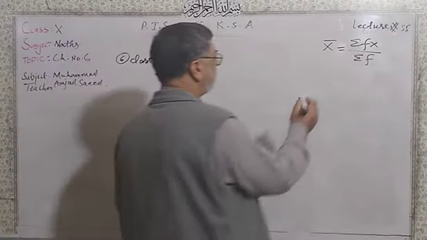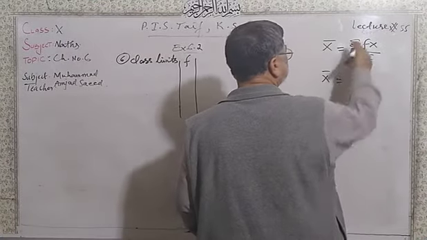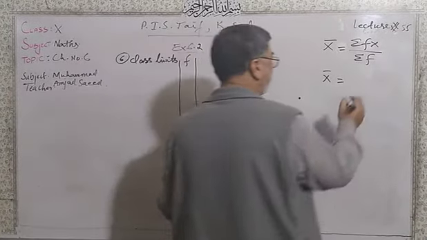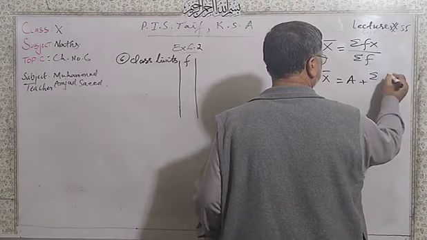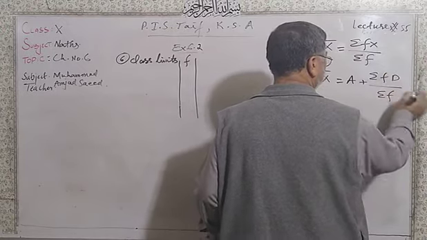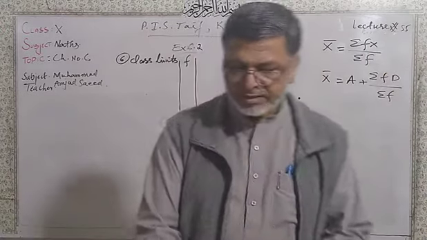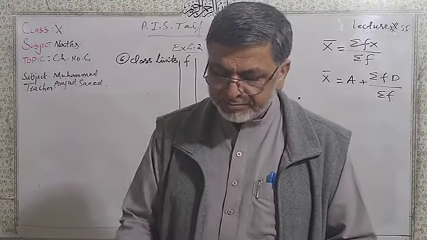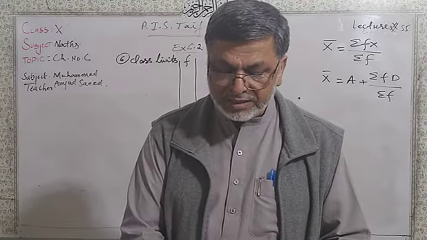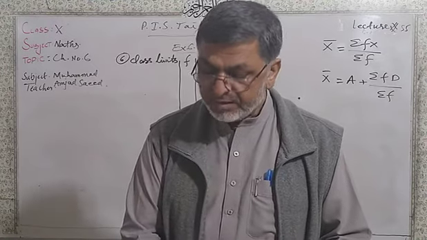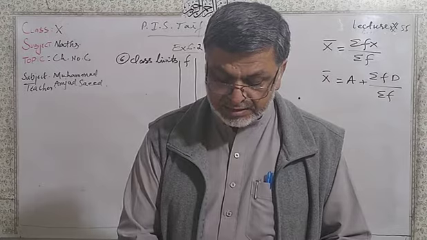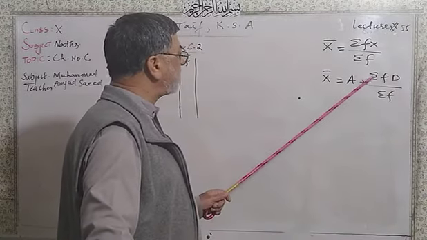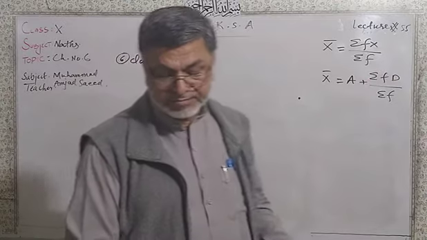After this, this is the direct method. For the indirect method, we have A plus sigma Fd over sigma F. This is the formula for group data for the indirect method, and this is known as the shortcut method.